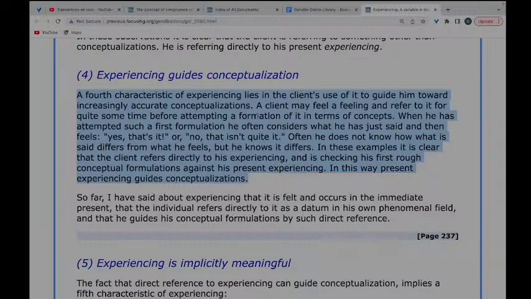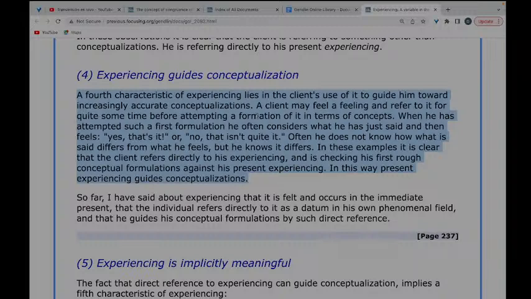Often he does not know how what is said differs from what he feels, but he knows it differs. In these examples, it is clear that the client refers directly to his experiencing and is checking his first rough conceptual formulations against his present experiencing. In this way, present experiencing guides conceptualizations.